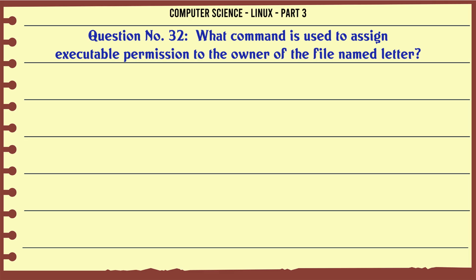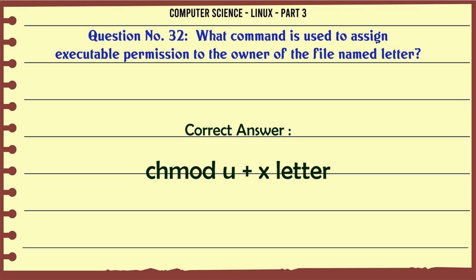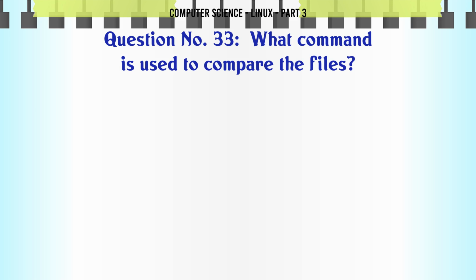What command is used to assign executable permission to the owner of the file named letter? A. chmod ugo+x letter. B. chmod u+x letter. C. chmod u+w letter. D. chmod g+x letter. The correct answer is chmod u+x letter. What command is used to compare files?